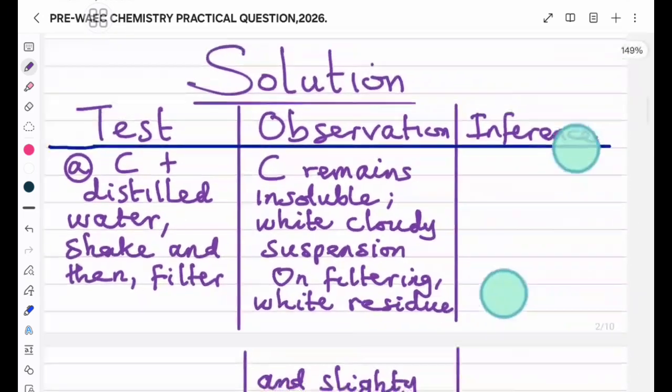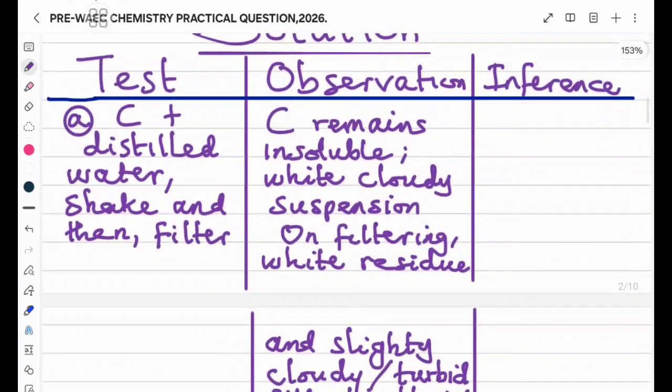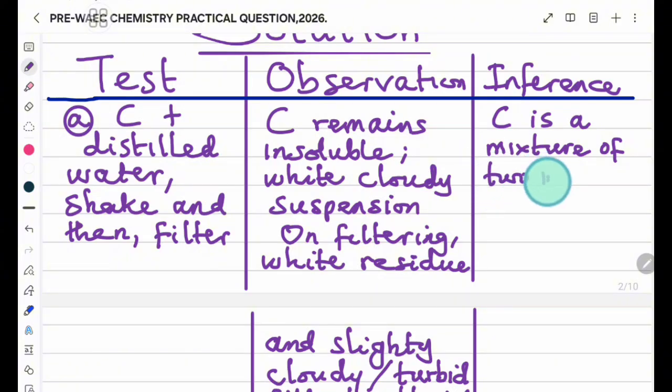Now, what will be the inference from the test and observation? You write that C is a mixture of two insoluble substances.